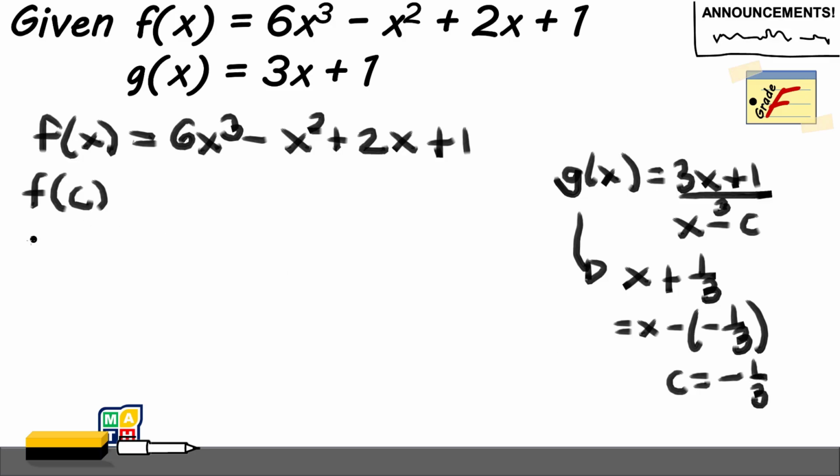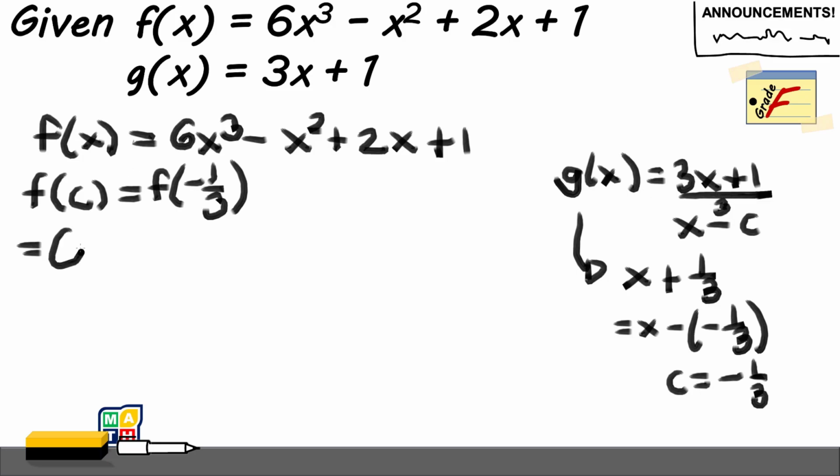Okay, so we are going to substitute here f of negative 1/3. The result of this, when we change x into a value of negative 1/3, is actually our remainder. This is according to the remainder theorem. And that remainder will further tell us if this is a factor of the other.